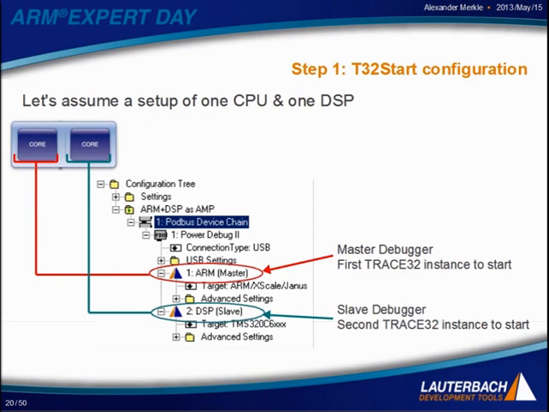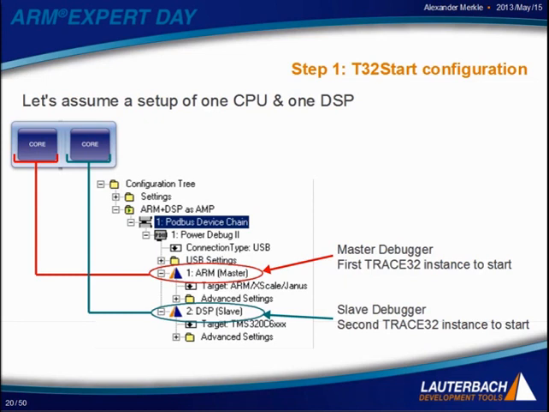What I show you here is a snapshot of our TRACE32 start tool. With this tool, you can configure your debug setup. What I've done here, I've got here a Power Debug 2, you heard in the last presentation by Ms. Hu, connected by USB.